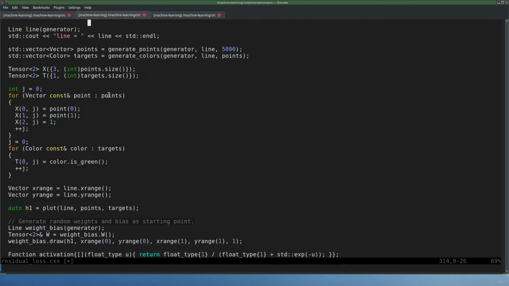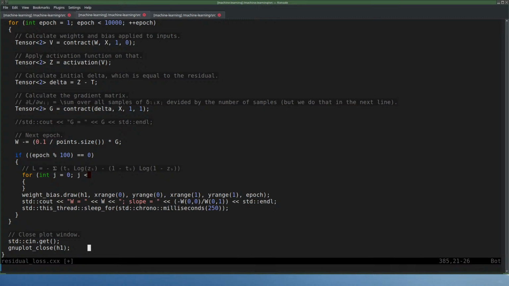So obviously the number of points, right? Yep. Point size. And then casting it to an int because C++ is flawed.